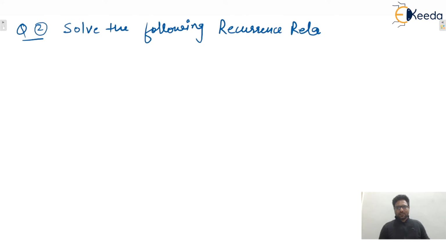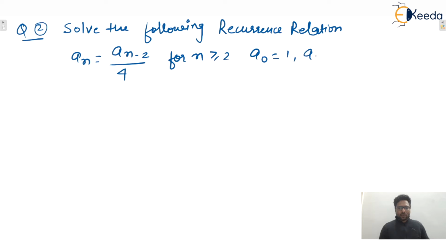Consider the recurrence relation a_n = a_{n-2}/4 for n greater than or equal to 2, where a_0 = 1 and a_1 = 0 are given.